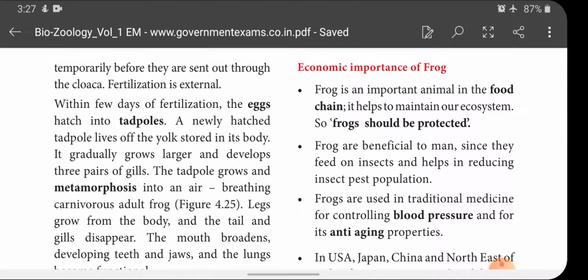Within a few days of fertilization, the eggs hatch into tadpoles. A newly hatched tadpole lives off the yolk stored in its body.